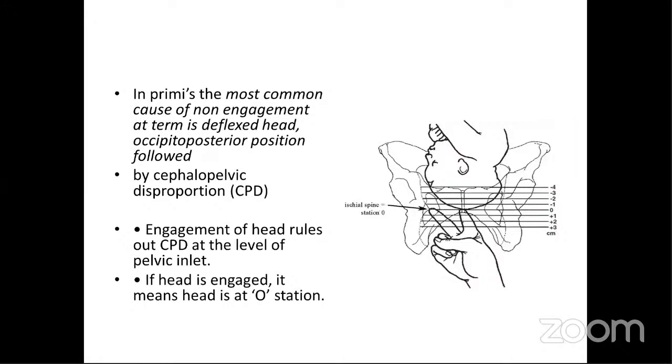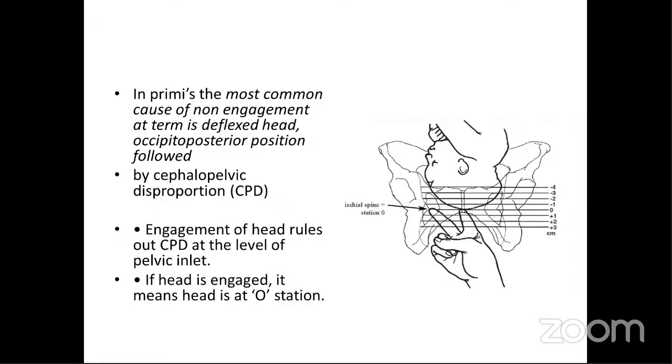This is how we also measure the rate of descent of the fetal head during normal delivery. In abdominal palpation, when you try to feel the head of the fetus, you measure in terms of the width of the fingers, what you call the fifth rule, right? Whenever the head is not engaged, or it is floating, you will be able to feel 4 fingers width of the fetal head above the pelvic brim on the abdomen.